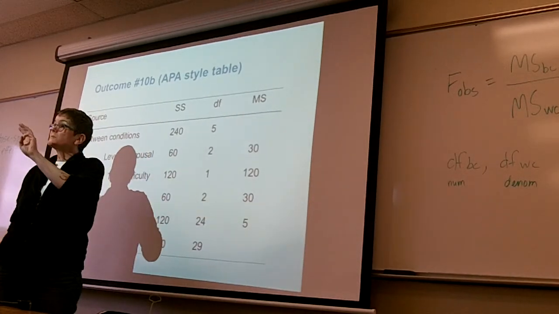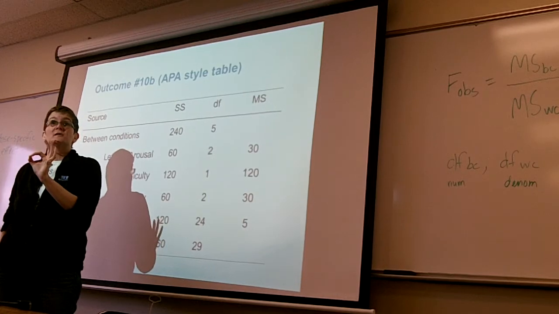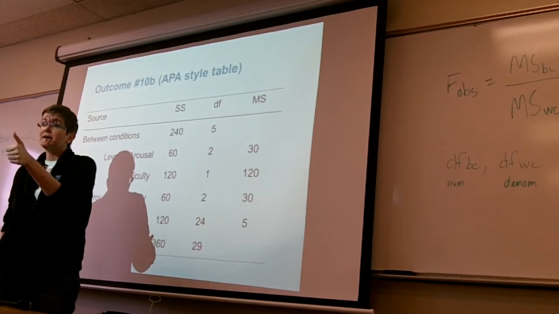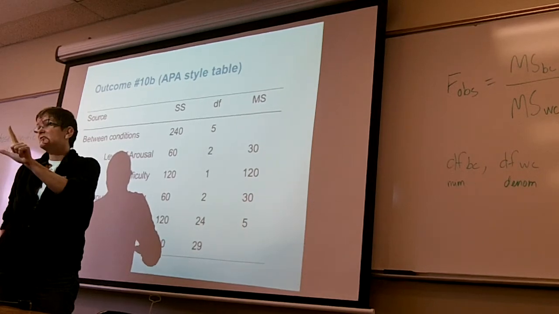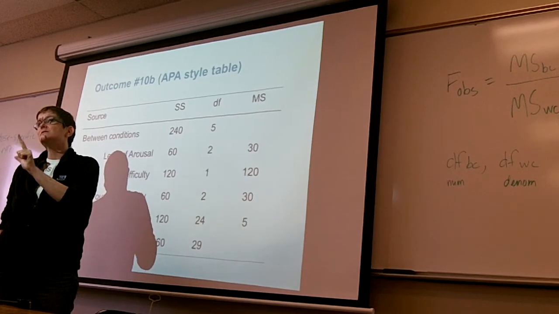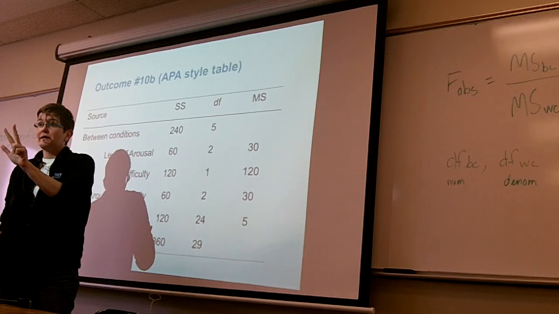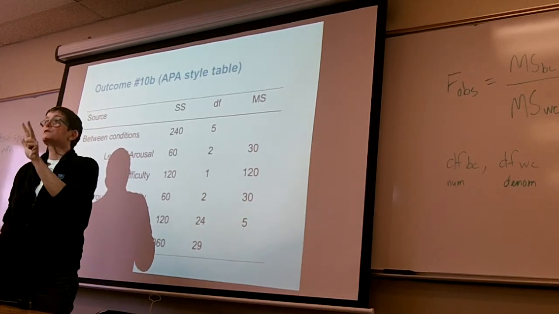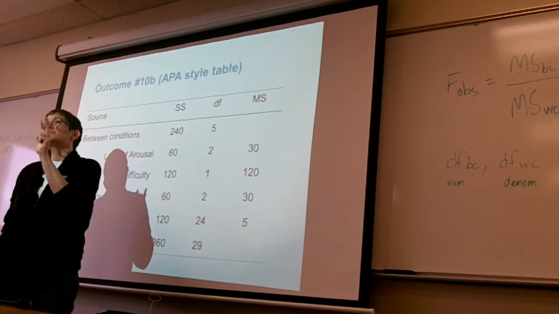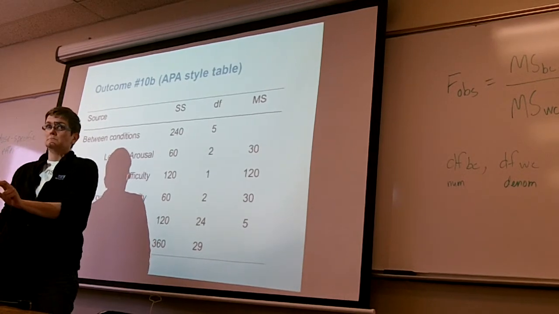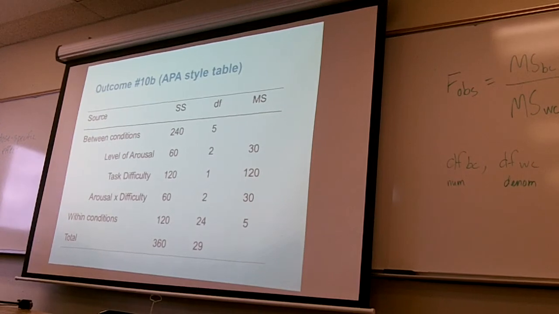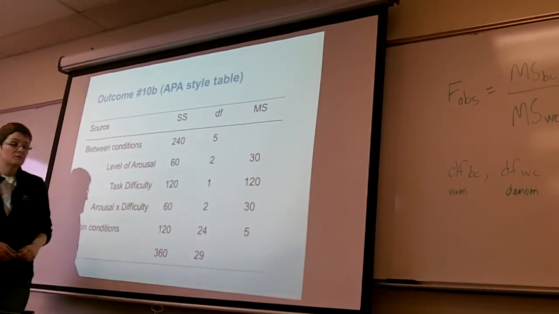So remember I told you before, when we do factorial designs, we have to do an F test for the main effect of IV1, an F test for the main effect of IV2, and an F test for the interaction. So there's actually enough information here to do 3 different F tests and look up 3 different F criticals. To do the F observed for IV1, we would do this.